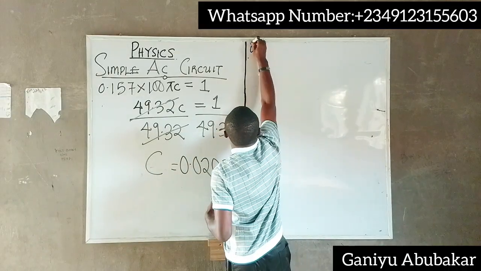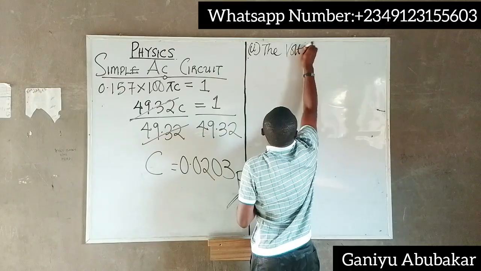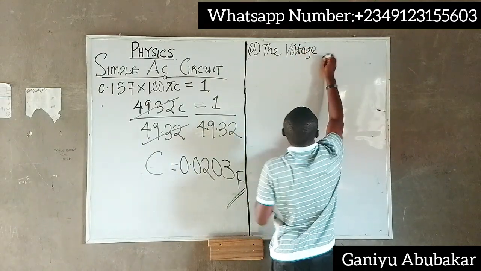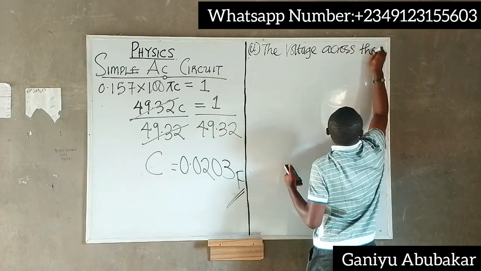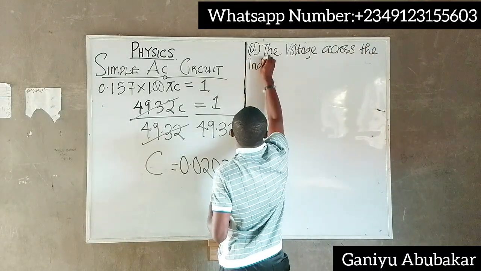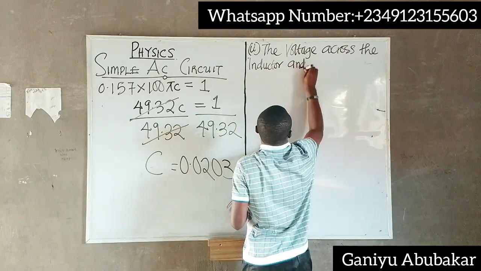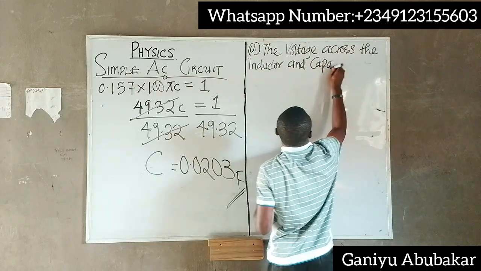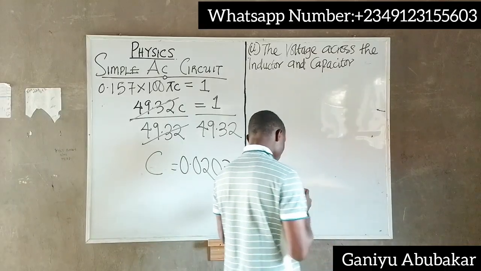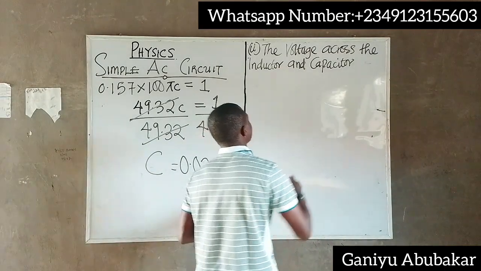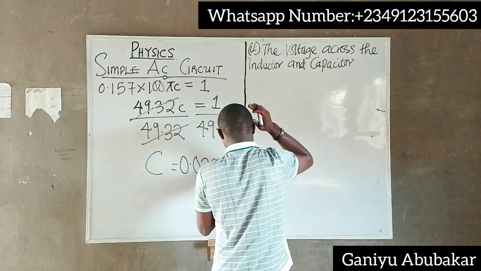Number 2, the voltage across the inductor and capacitor. Alright, so in this case here, we have two things here. Voltage for inductor, voltage for what? Capacitor too. So here's the idea.